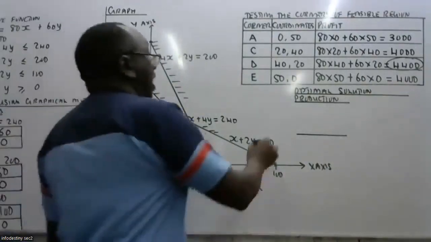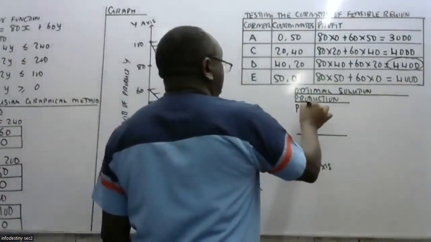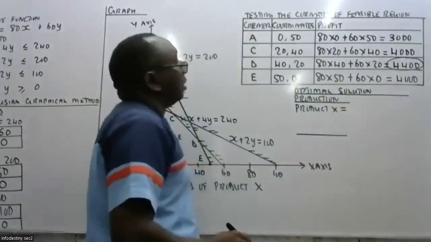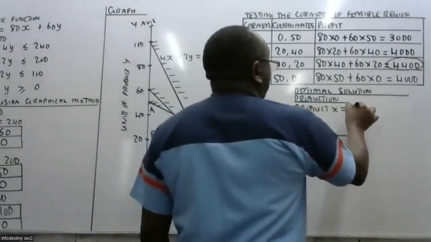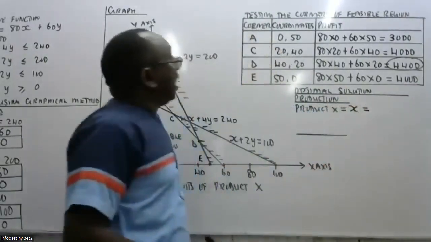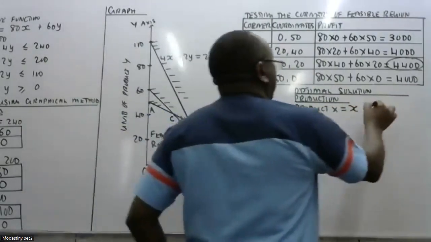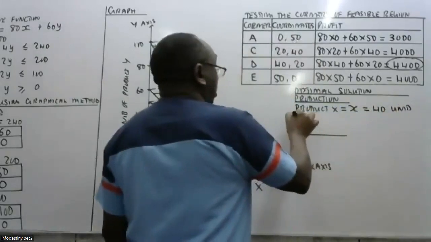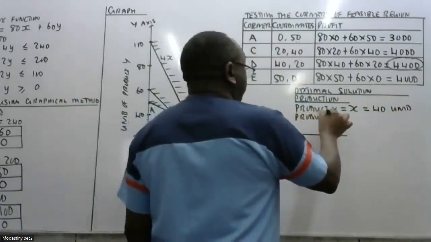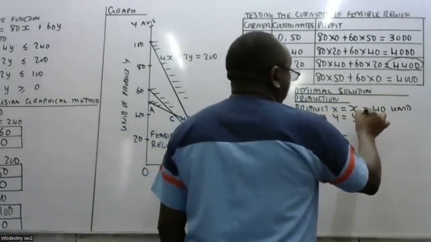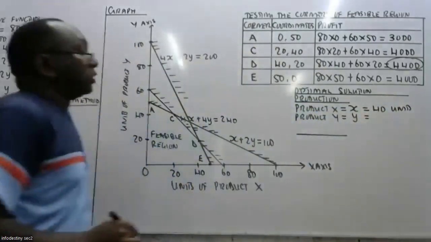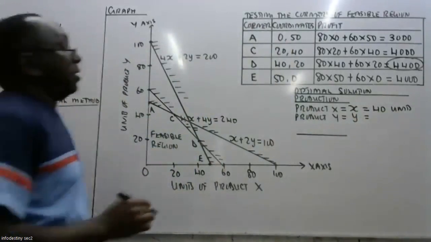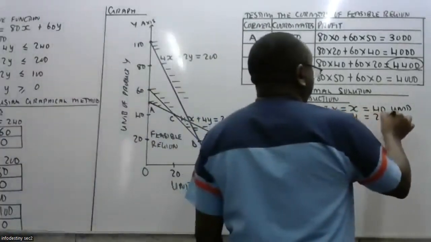As you can see here, we have product X, which was represented by small x, and at this point X is 40 units. Then we have product Y, and product Y at that point is 20 units.